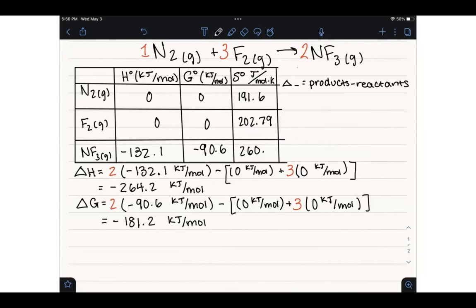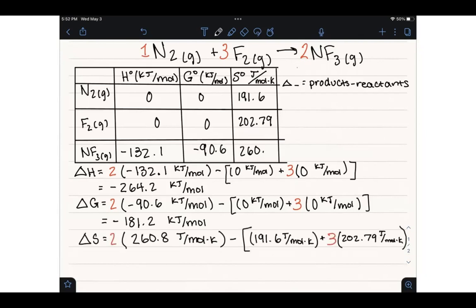And then for that final value, S, again, the same process, you're going to plug it in. So it's those 2 moles of NF3 times the value of 260.8, and then minus the reactants, which is 1 mole times 191.6 joules per mole Kelvin, plus 3 moles of fluorine gas times 202.79 joules per mole Kelvin, which adds up to negative 278.4 joules per mole Kelvin.